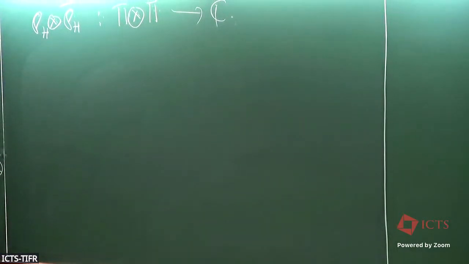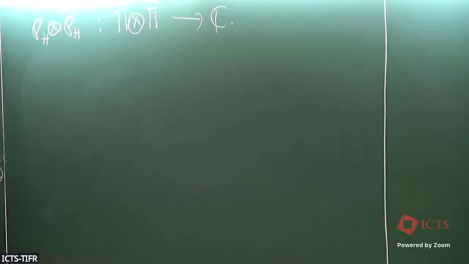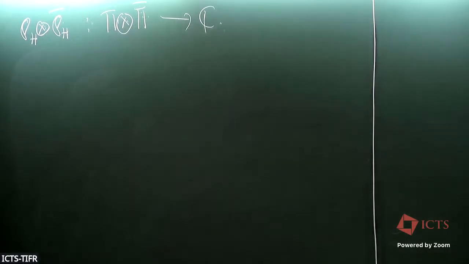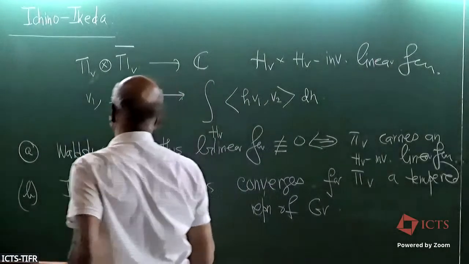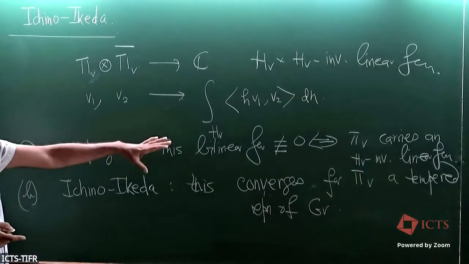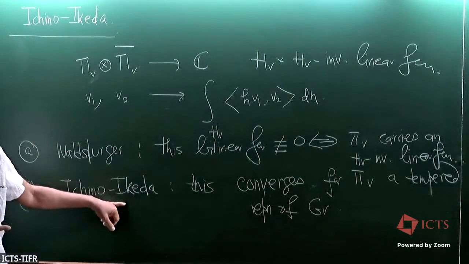B is a statement about convergence. One cannot talk about a bilinear form being non-zero without its convergence.